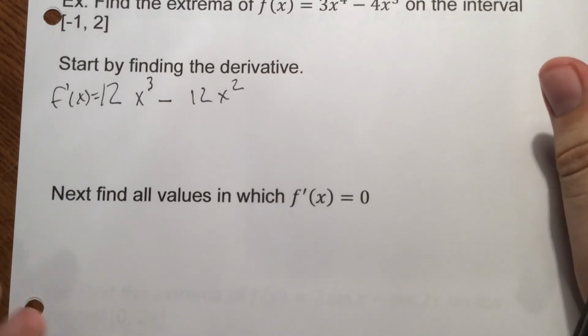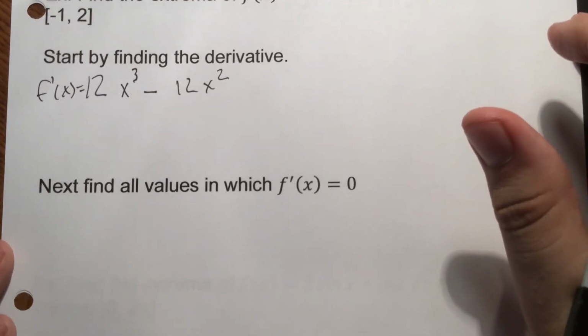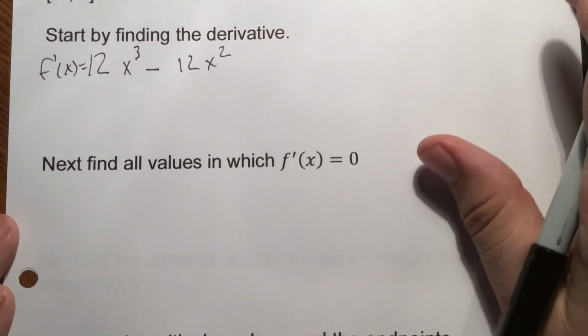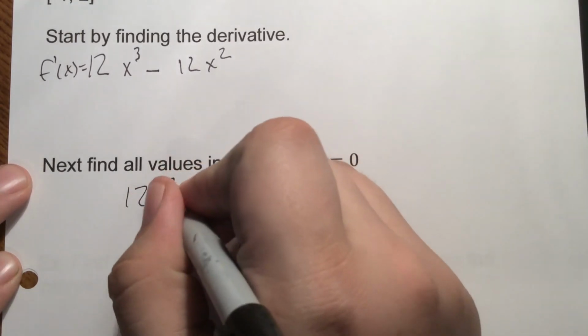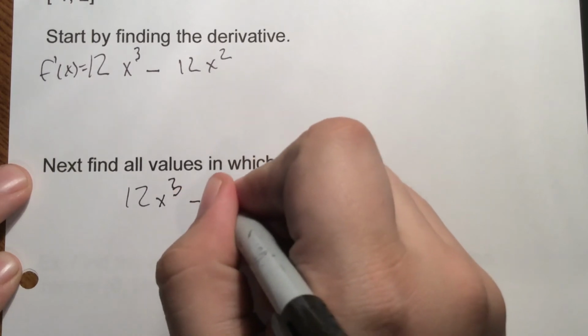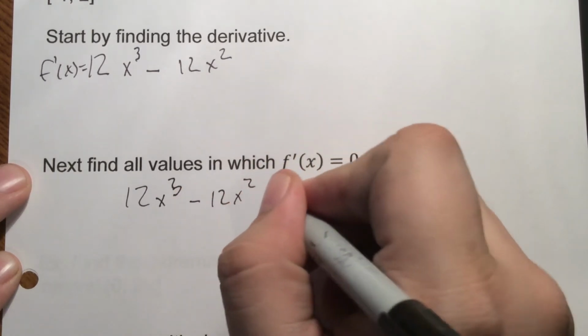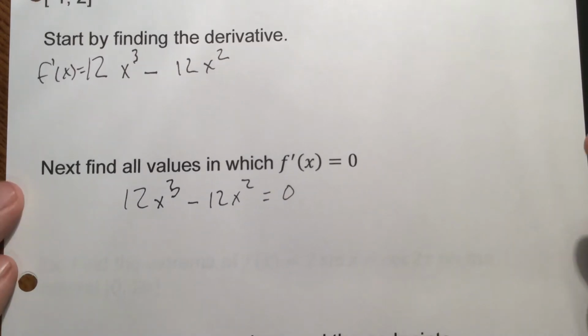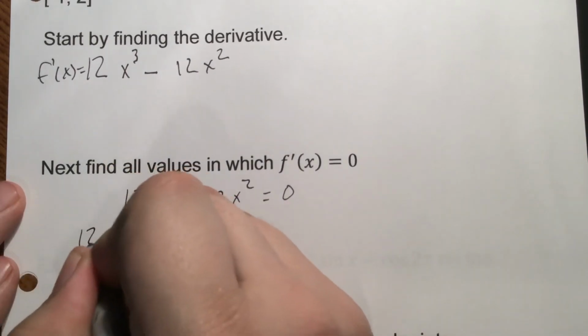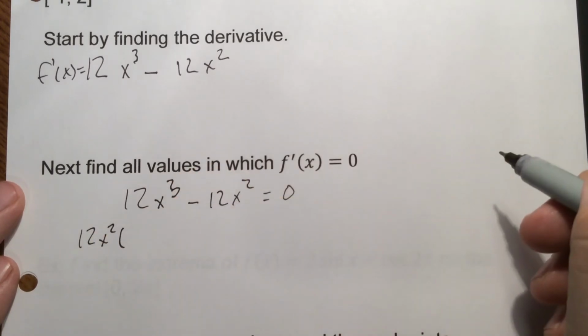So next we need to find all values in which the derivative will equal 0. To do that, take your derivative here and set it equal to 0. So we have 12x squared we could pull out front.